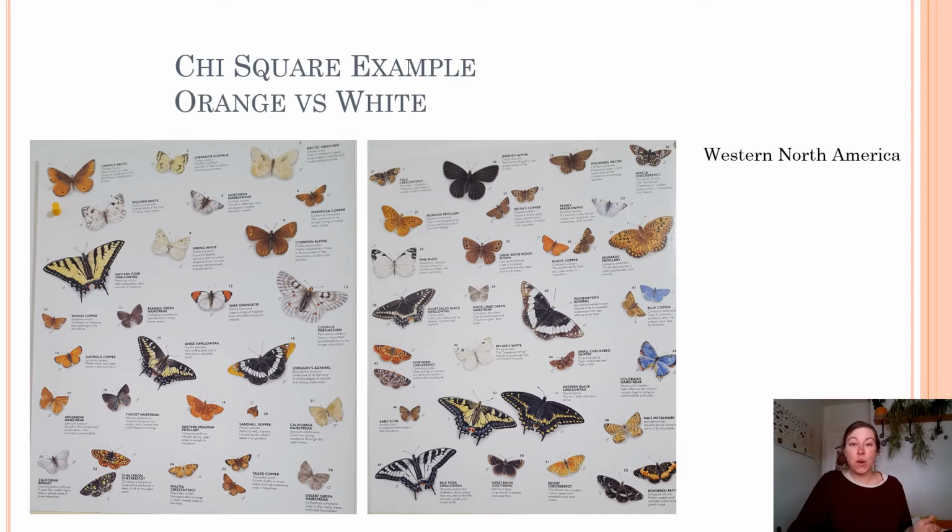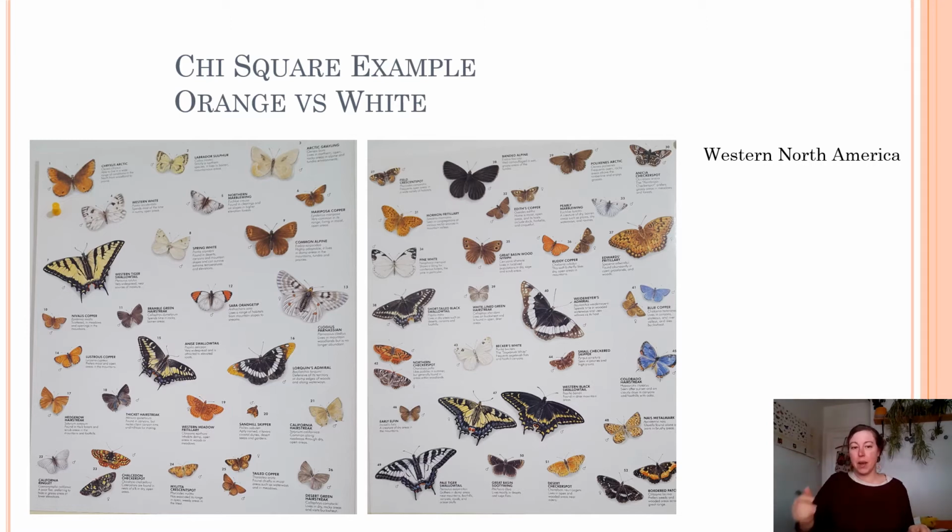Now, I was trying to figure out what data I wanted to look at, and then I remembered my butterflies on the wall. So here are two of the pages from my Butterflies of North America. This chart is all of the butterfly species of North America at the time that this book was published, which was the 90s.